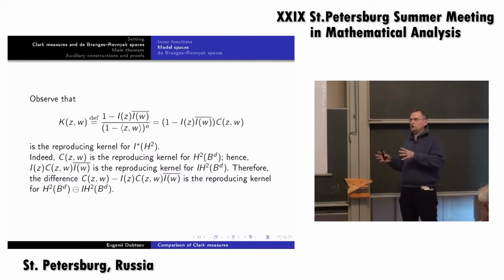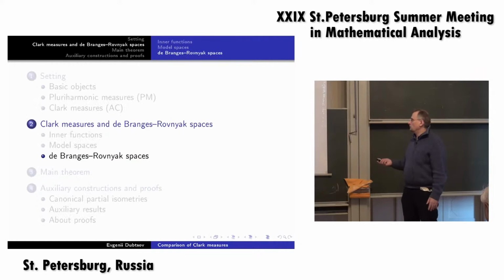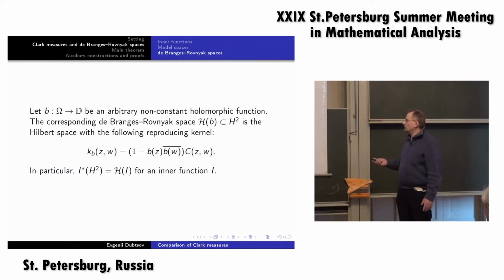If you prefer a more general situation, when we consider not only inner functions but arbitrary bounded functions from Omega to the unit disk, then we have to consider so-called de Branges-Rovnyak spaces. So we have b, a non-constant holomorphic function defined on Omega with values in the unit disk.